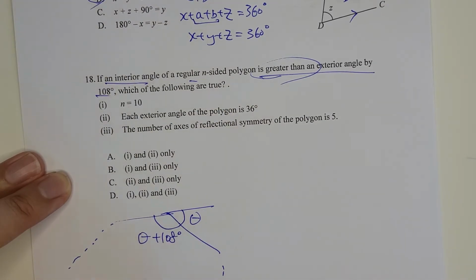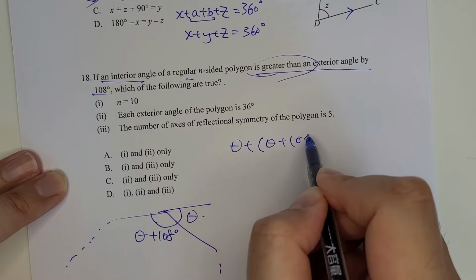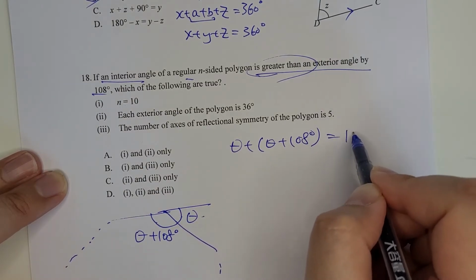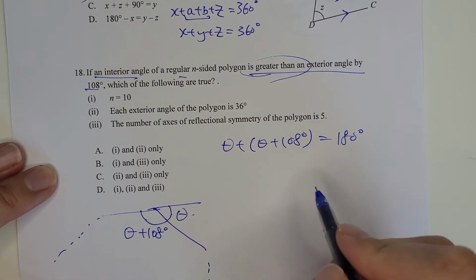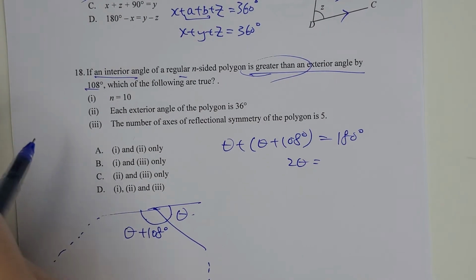But on the other hand, these two angles are supplementary. That means the sum of these two angles is 180. It's a straight line. So theta plus theta plus 108 degrees equals 180 degrees. Then you can solve the equation.